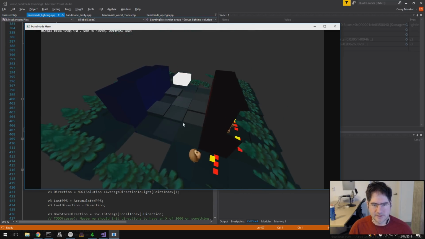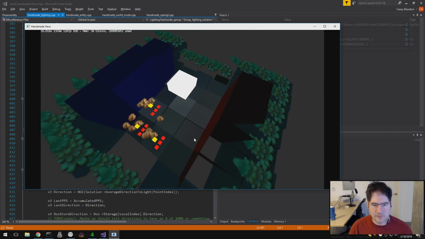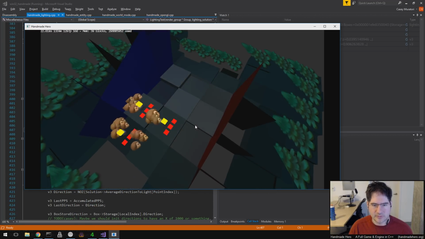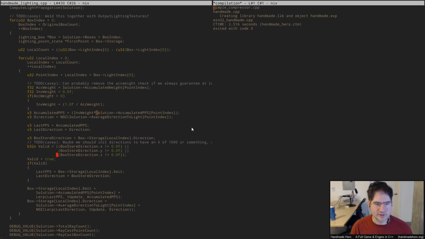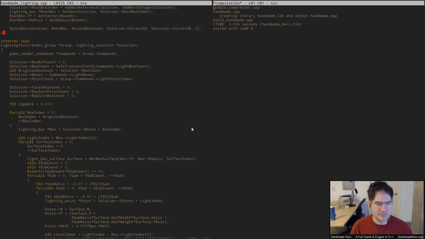Does not appear to be. So even at such a small blend rate, that flicker persists. Let's see if we drop it even lower.